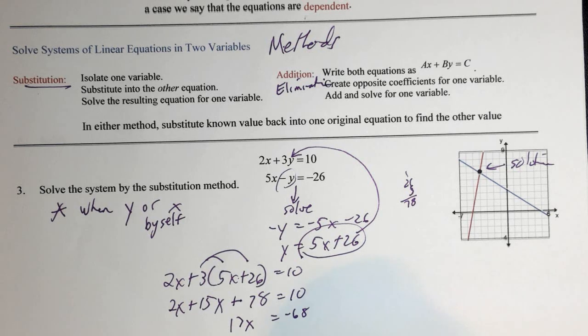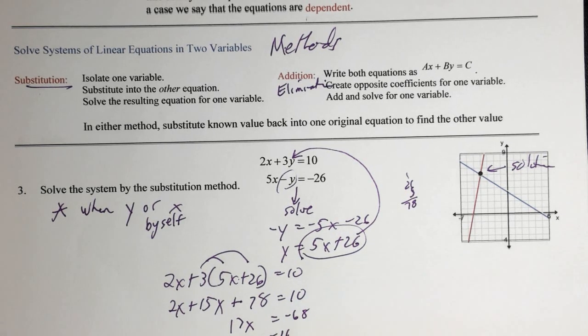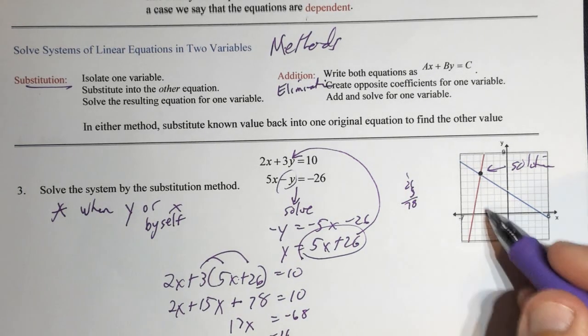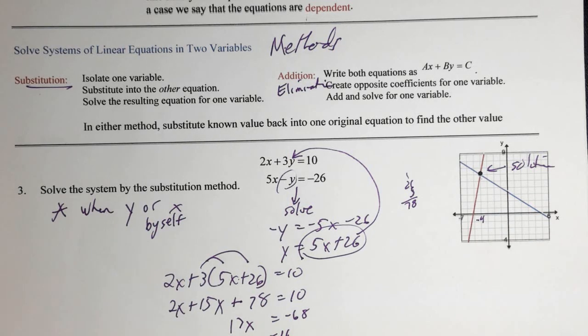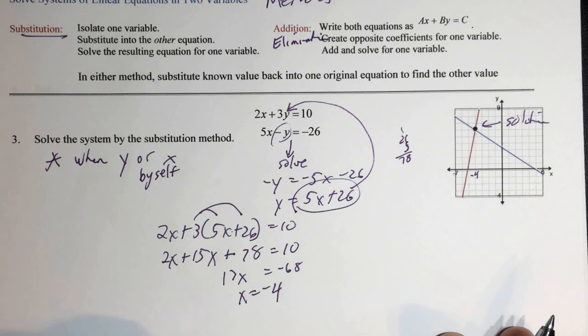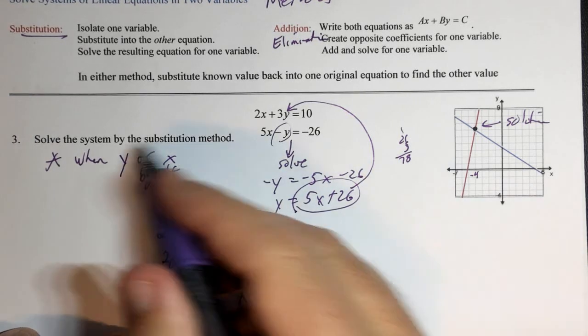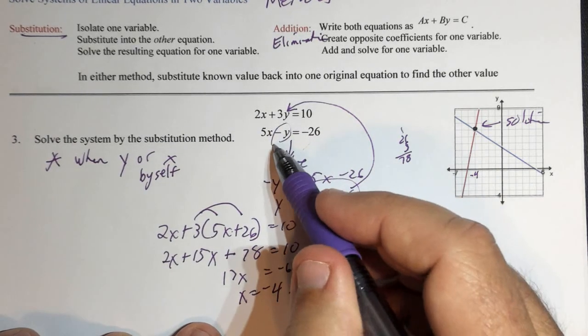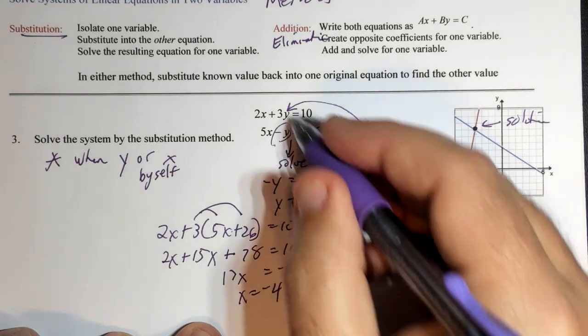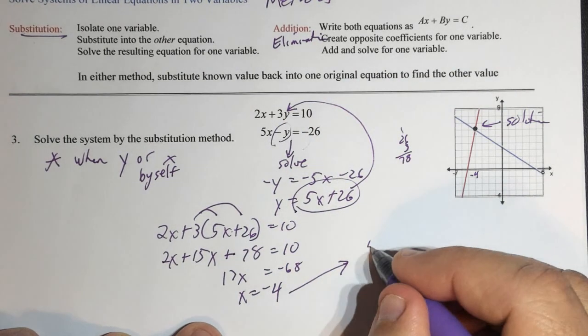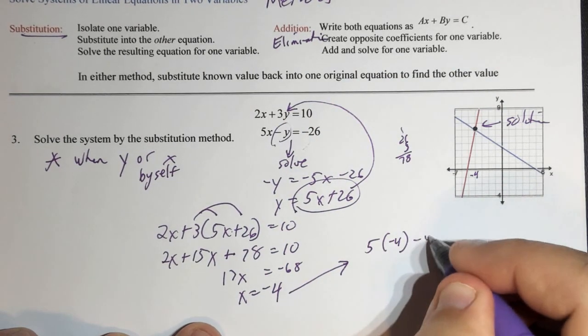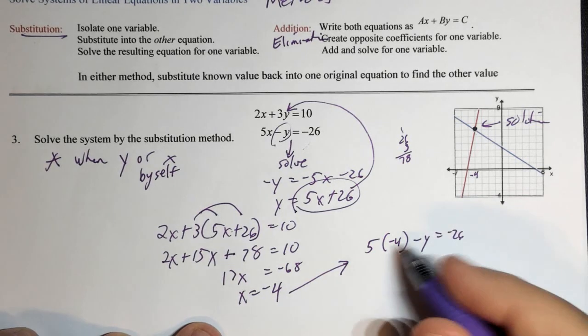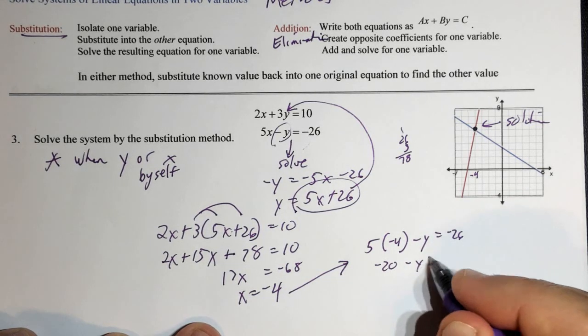And 17 is going to divide into negative 68, which looks like it's negative 4. Good. Okay, so far so good. Now we've got to plug this back into one of the two equations. Probably easiest to put it into this one, but the numbers aren't too bad on either one. 5 times negative 4 minus y is equal to negative 26. That'd be negative 20.